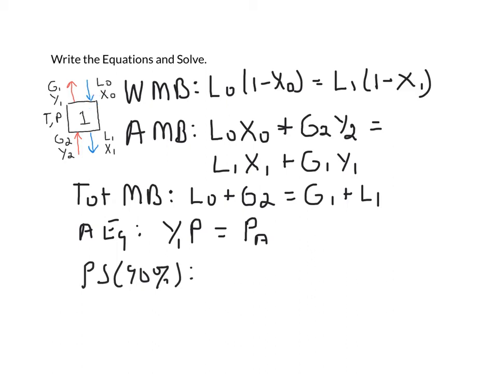So we'll say that G1 Y1 is equal to 90% or 0.9 of the ammonia in the liquid feed, which is L0 X0.